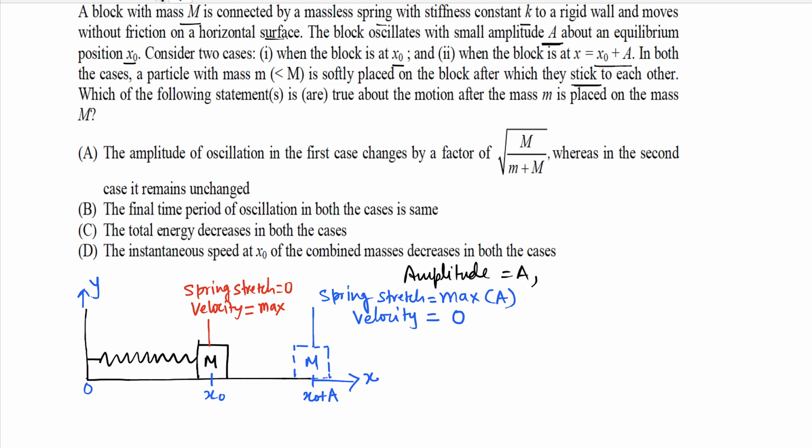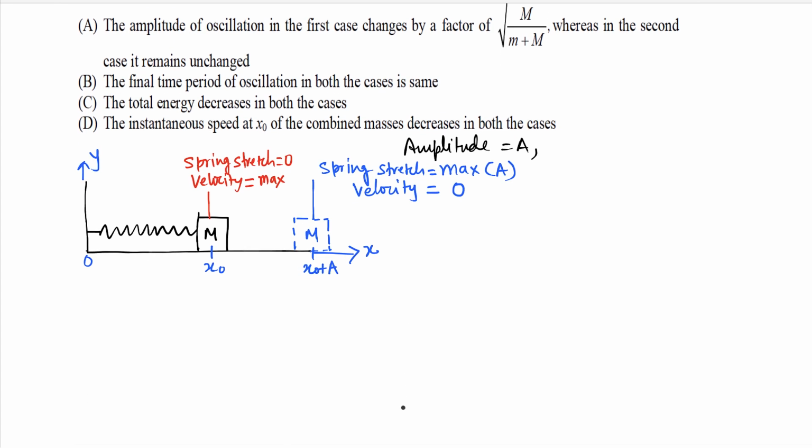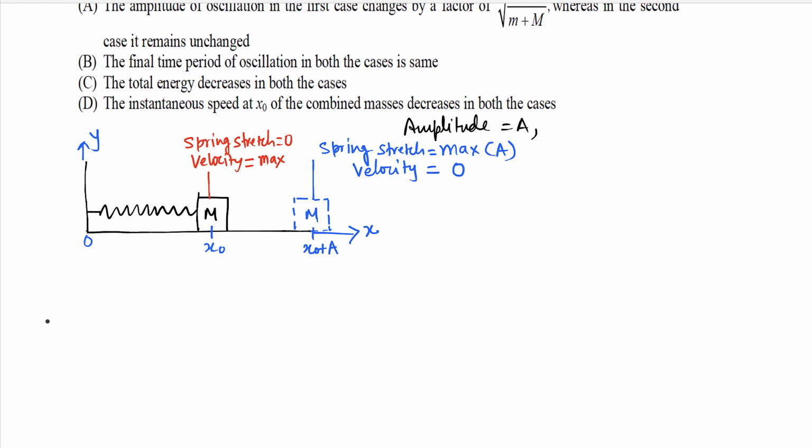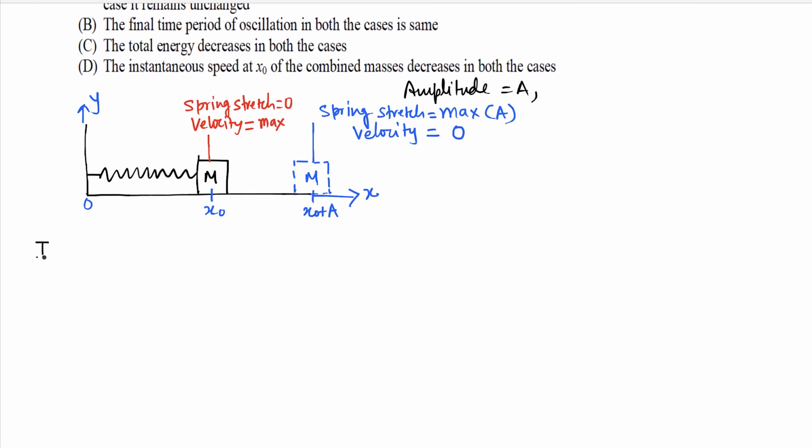Now let's write the equation, okay? Find out the frequency of the oscillation. So let's first find out everything initially. The equation will be minus kx, let's say, the spring force, and then it should be equal to m x double dot, which is acceleration. Hence acceleration is minus k by m x.